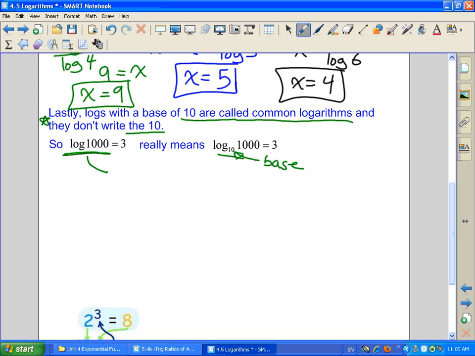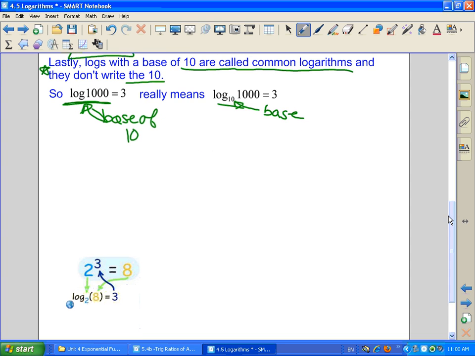So this has a base of 10. If they don't tell you, it's base 10 for sure. What does that really mean, guys? It means a box raised to the exponent 3 equals 1,000. So what is my base? That is 10.